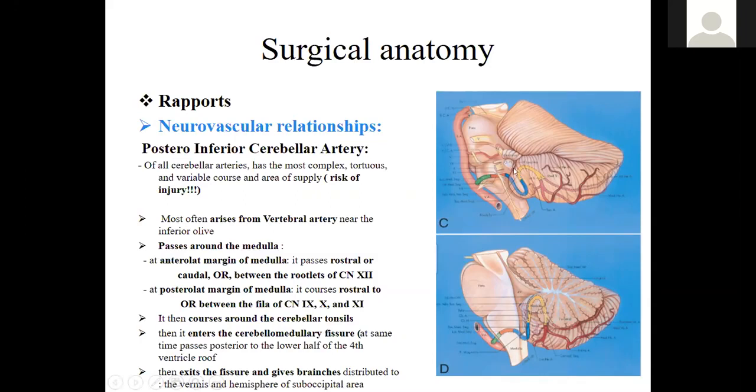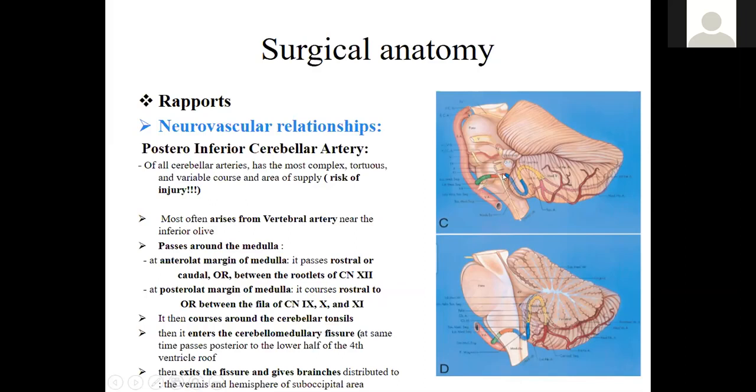Passing around the medulla, all through its course, at the level of the anterolateral margin of the medulla, it passes rostral to the rootlets of the hypoglossal nerve at the level of the pre-olivary sulcus.